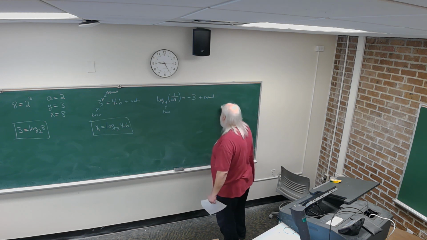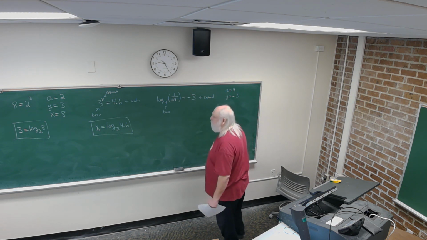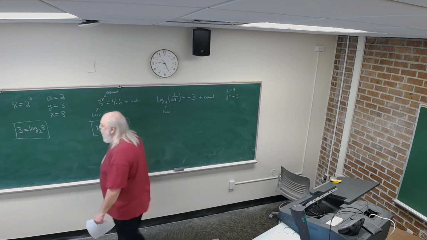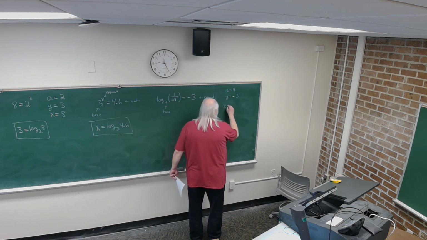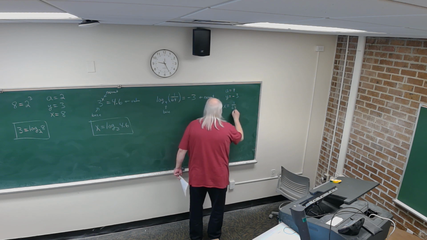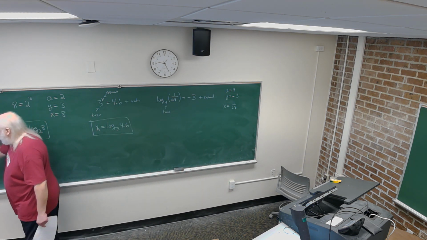So the base a in this case is 4. Y, the exponent, is minus 3. And x is equal to 1/64. So substitute for x, a, and y.